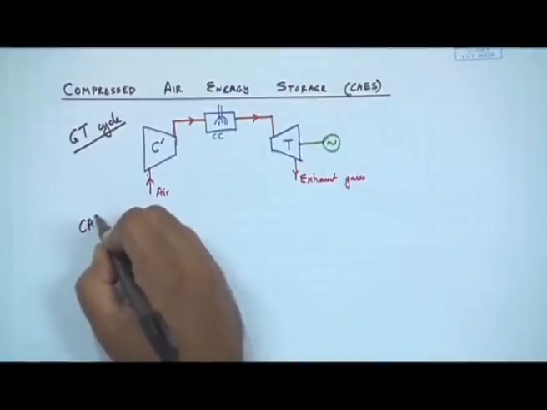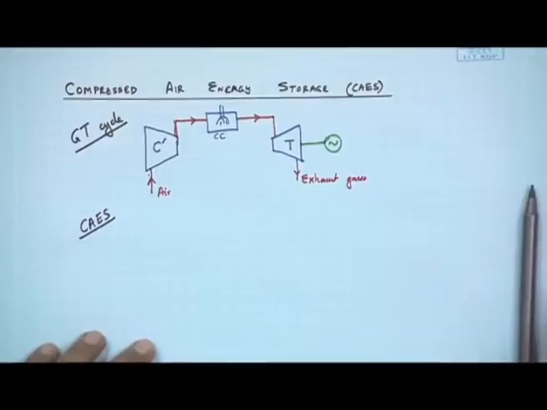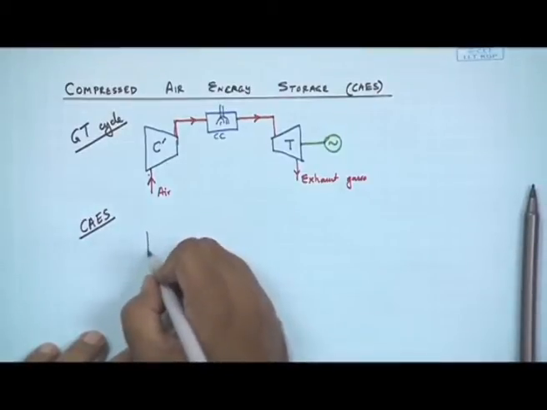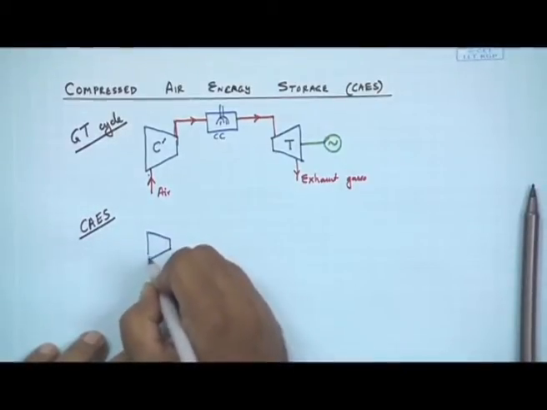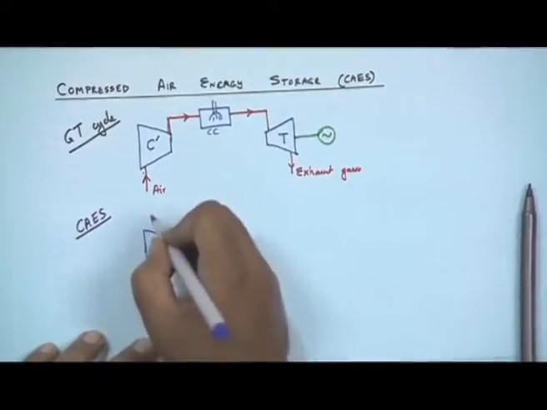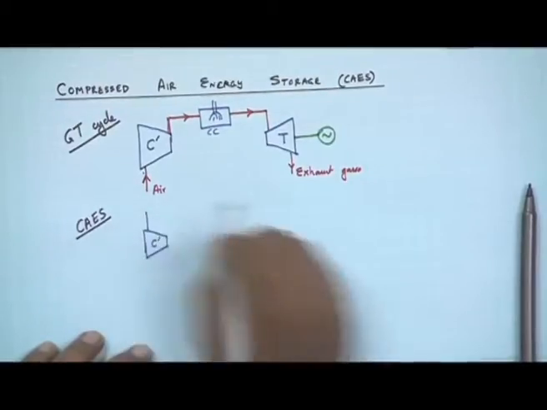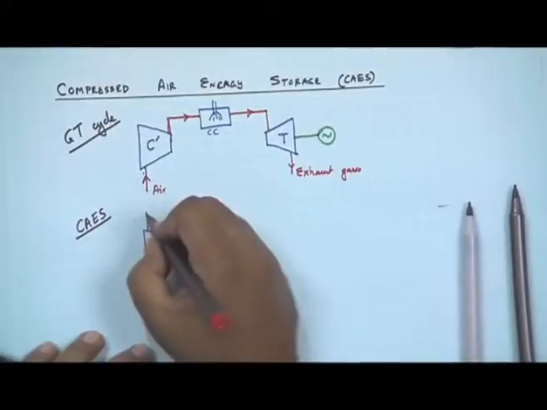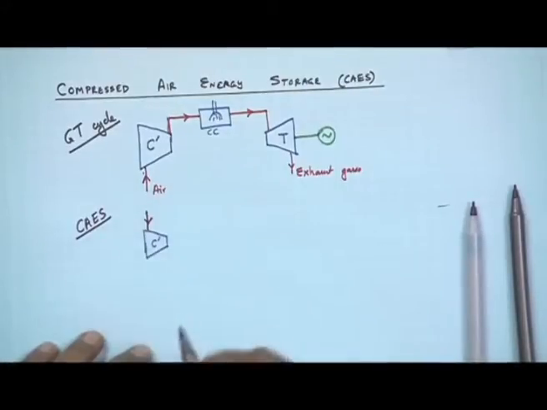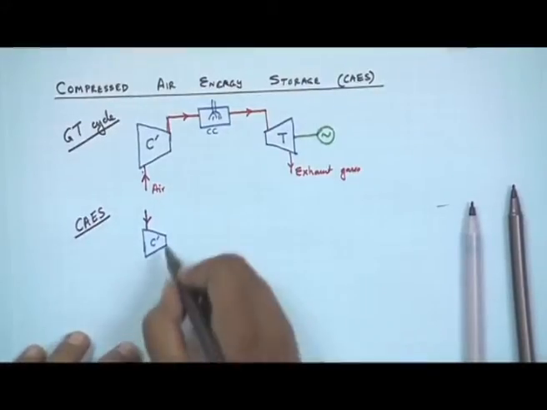All right. So, in compressed air energy storage, you have a compressor. And here the air comes in, sorry, over here, and it is compressed and comes out in the compressed form.